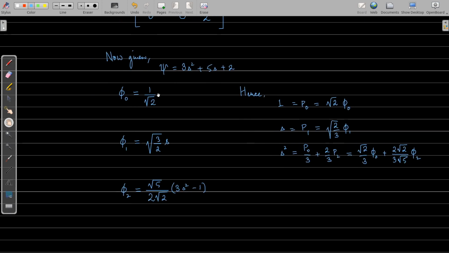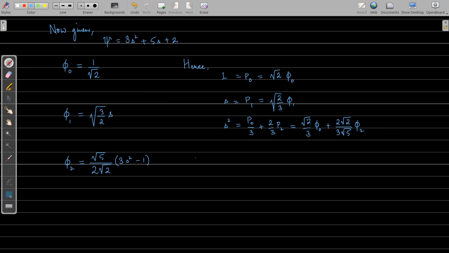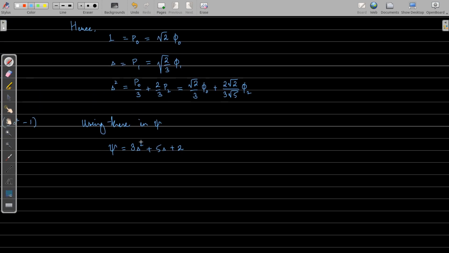So now we can use this and express this one, using these in psi. What is psi? Psi is basically this. All we need to do is just substitute them. So 2 into 1, we'll just get 2 root 2 into phi naught. Then we have 5s, and what is s?